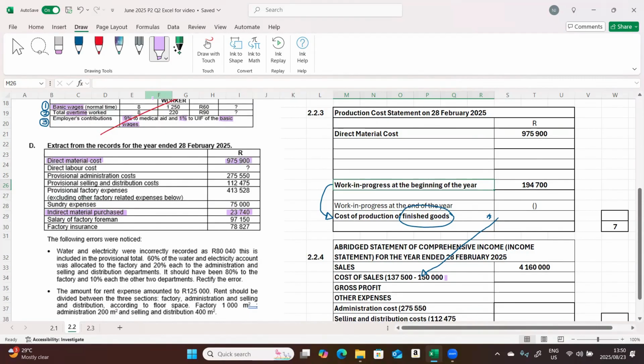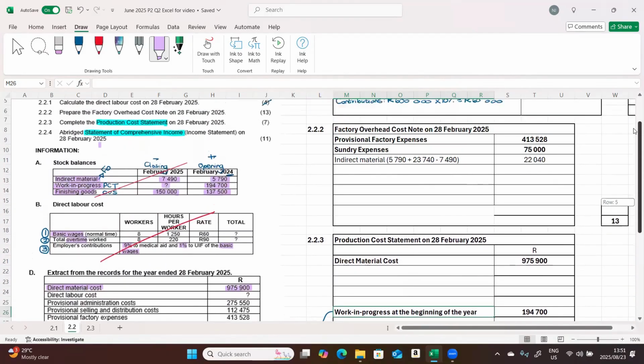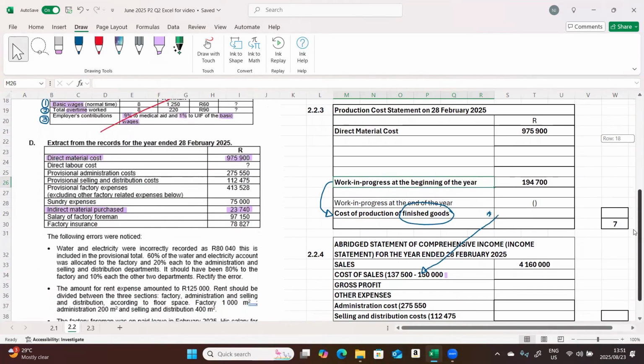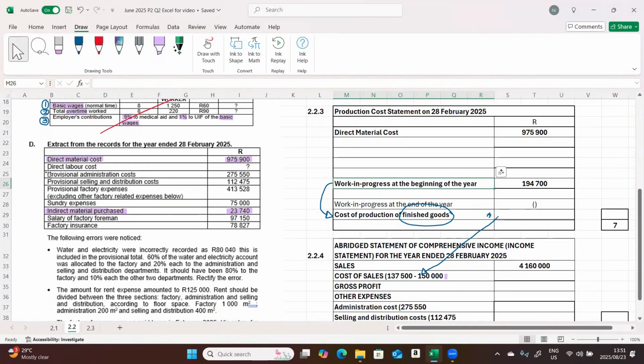Then we have our direct labor cost, which is a question mark, guys. Why is the direct labor cost a question mark? Because in 2.2.1, we had to calculate the direct labor cost. That is why it is a question mark. We know that our direct labor cost is the next item on the production cost statement.